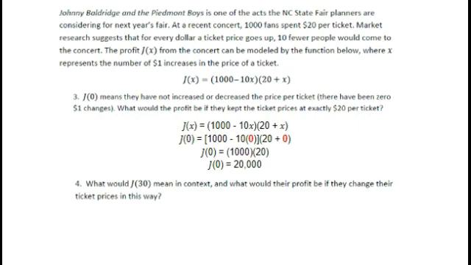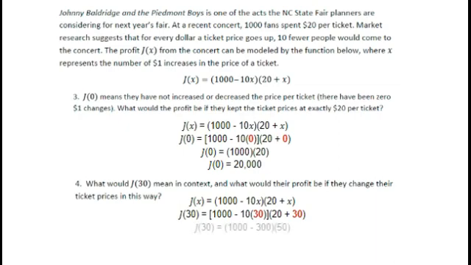And so J of 30, or x equaling 30, is saying that we have now increased the ticket price by $30, which means that the new ticket price would be $50. And so we're going to use the same strategy as the last problem, and we're going to substitute in 30 for our x variables, and we're going to simplify, and we find that J of 30 is equal to 35,000.